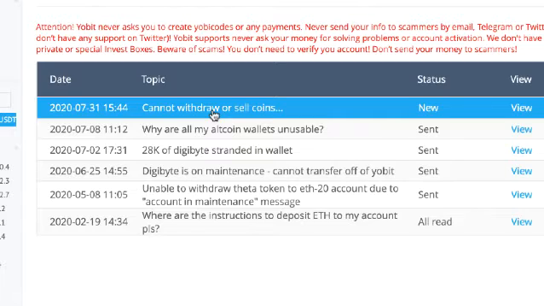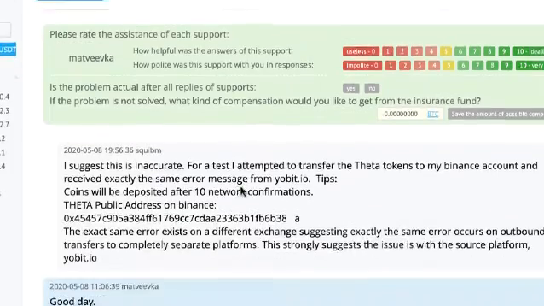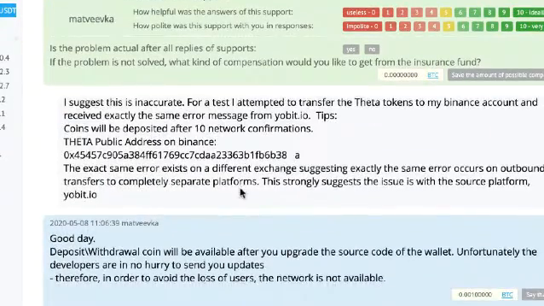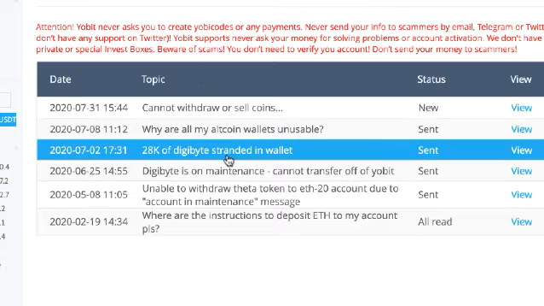So we're looking at 3 months where literally all my altcoin wallets have been offline, just like other people claim. Basically, they suggest a good day withdrawal will be available after you upgrade the source code of your wallet. This is one of the complaints that everybody else has. I can't upgrade the source code. I don't have access, and the source code is not here. So the point would be that this is basically a sham.